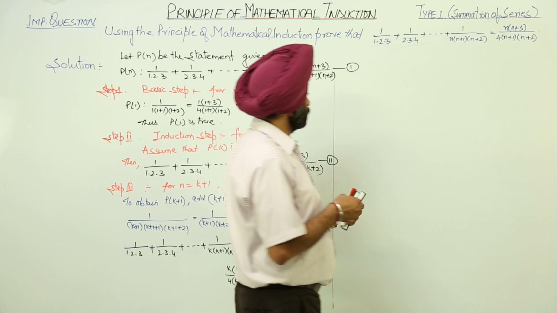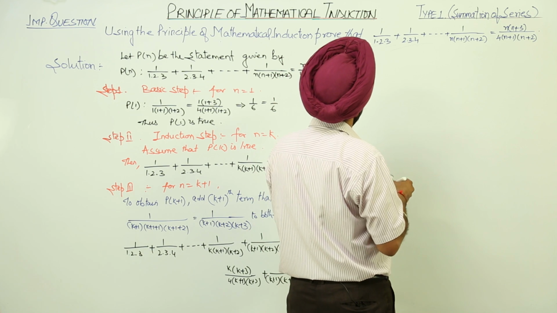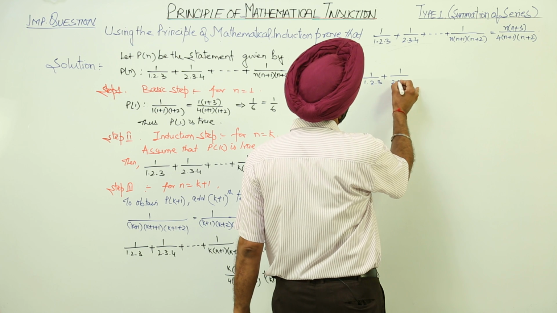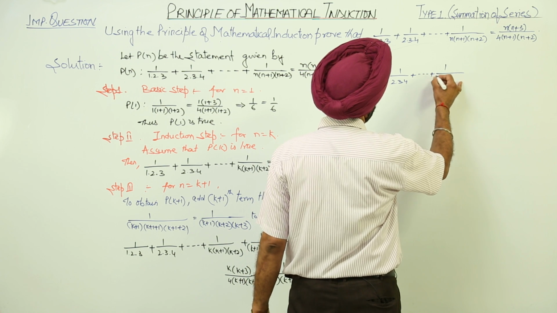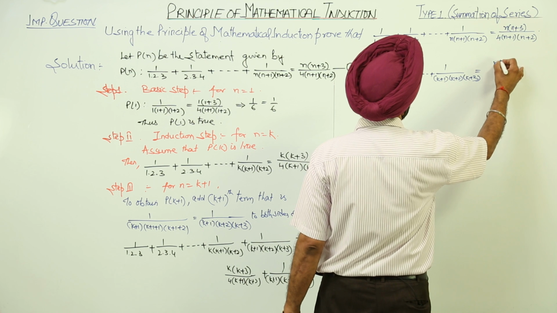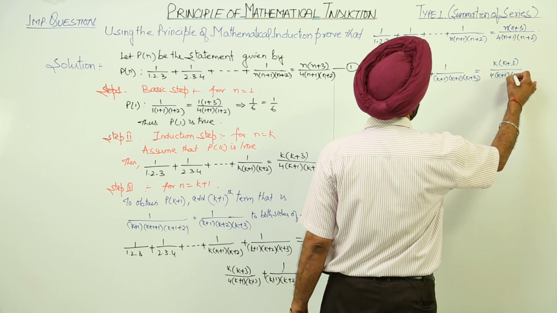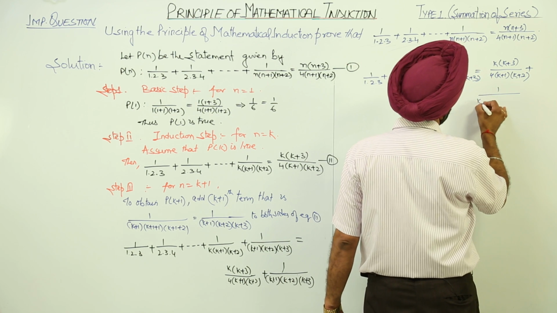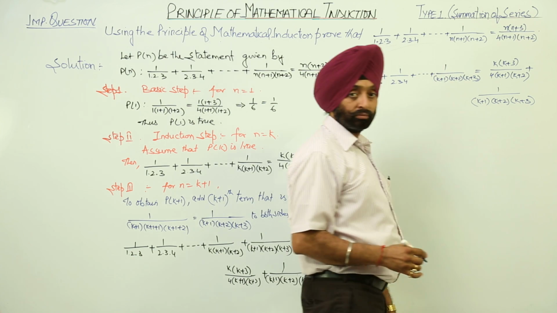Is it clear? Now, this becomes 1 upon 1 times 2 times 3 plus 1 upon 2 times 3 times 4 plus ... plus 1 upon k plus 1, k plus 2, k plus 3 is equal to k times k plus 3 upon 4 times k plus 1, k plus 2 plus 1 upon k plus 1, k plus 2, k plus 3. Is it clear?